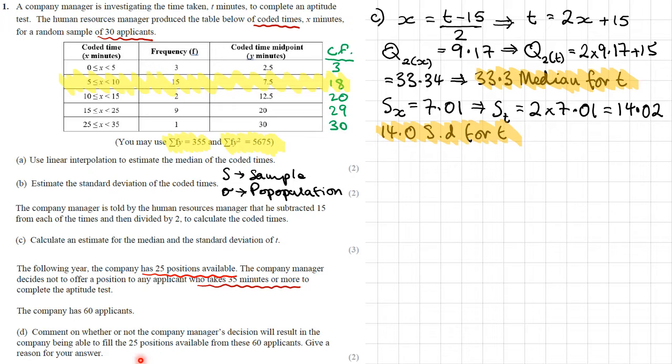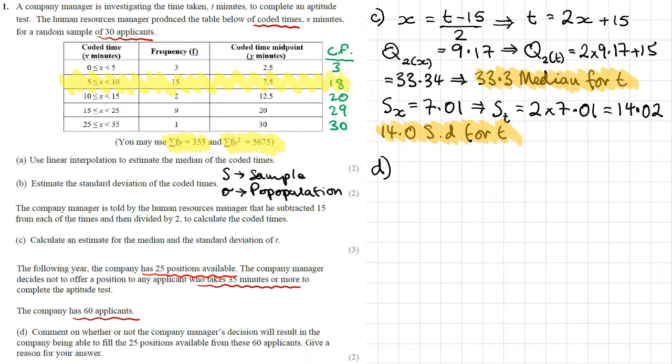The company has 60 applicants. Comment on whether or not the company's decision will result in the company being able to fill the 25 positions available from these 60 applicants. Give a reason for your answer. So we need to state yes or no, and then we need to give a reason as well.